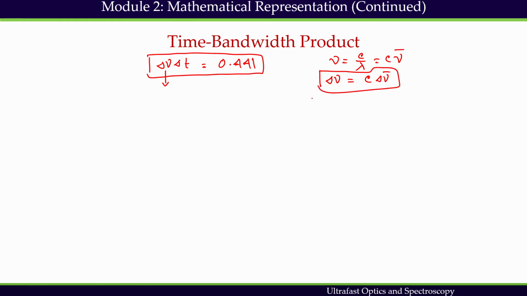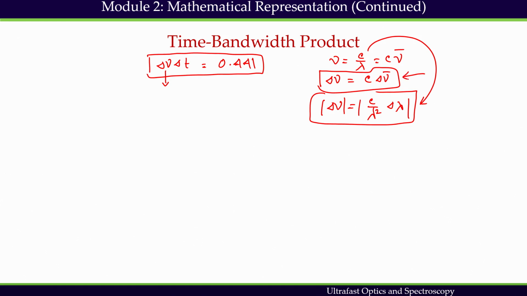On the other hand, if we have to convert it to wavelength, then we have to write delta nu equals c by lambda square delta lambda. It's coming from this expression. There is a negative sign here, but we are omitting it. We are just considering the magnitude. So these are the conversions we should remember. If we want to convert delta nu to wave number, this is the equation. And if we have to convert delta nu to delta lambda, then this is going to be the expression.